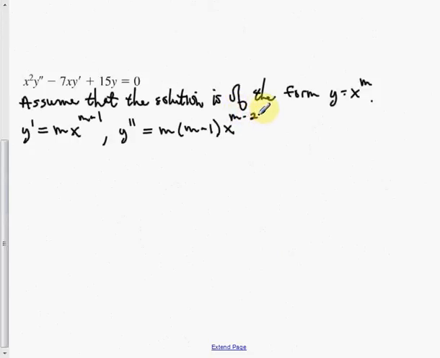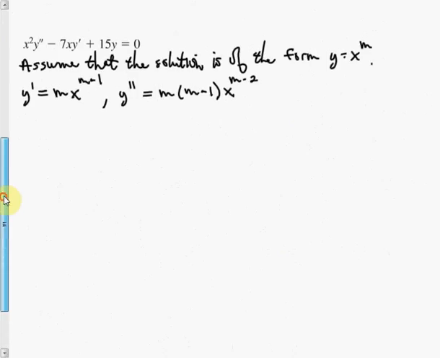So I go look at the equation and I replace the y double prime with m times m minus 1 times x to the m minus 2. Replace the y prime with m times x to the m minus 1. Replace the y with x to the m.